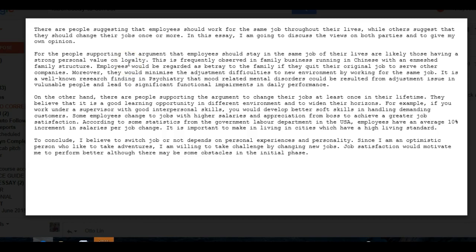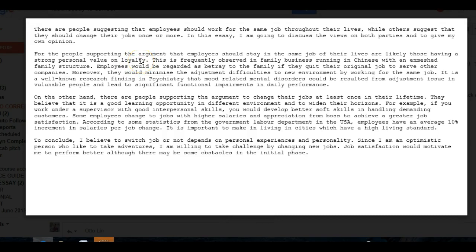For the people supporting the argument that employees should stay in the same job for all of their lives, are likely those having a strong personal value on loyalty. Okay, here is where the problem starts in terms of the coherence. I think you meant something different here.